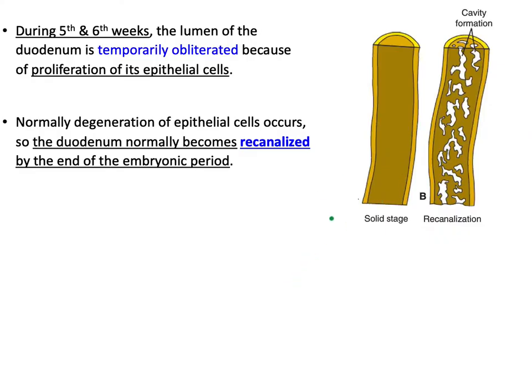So again, similar to the story of the esophagus, during the 5th and 6th week, the lumen of the duodenum is temporarily closed, obliterated, because of the proliferation of the epithelial cells.